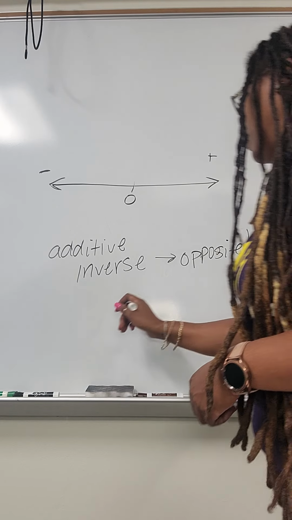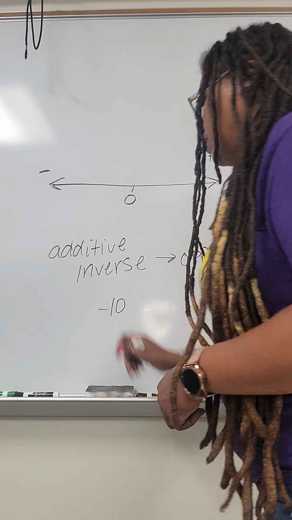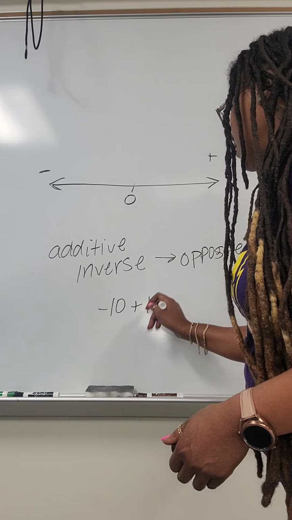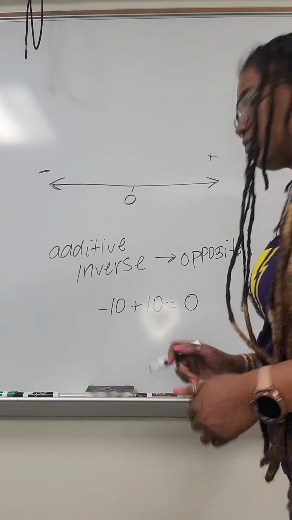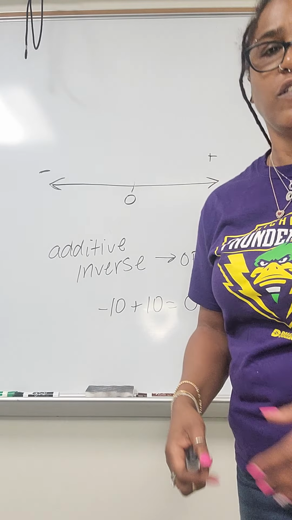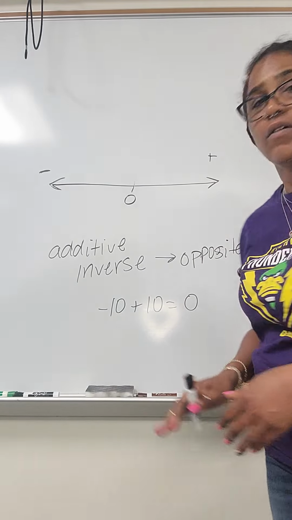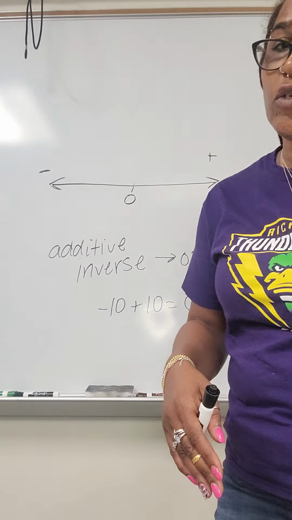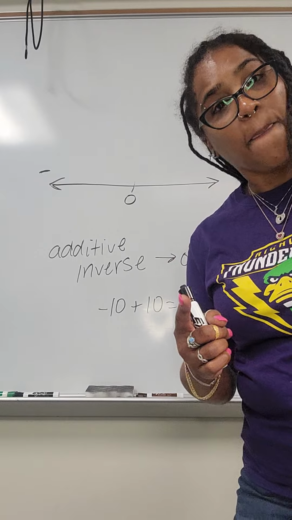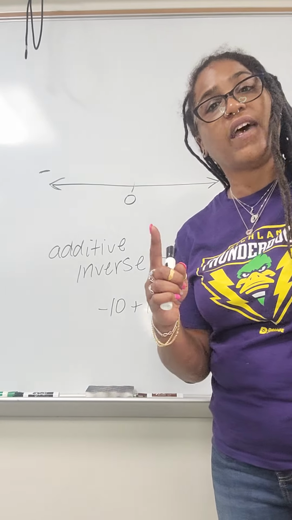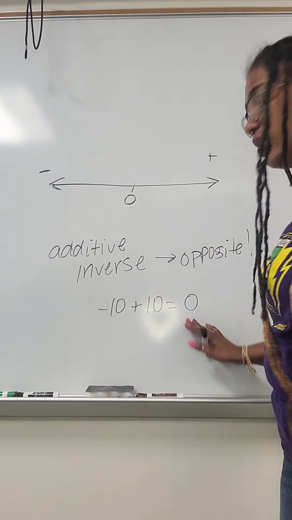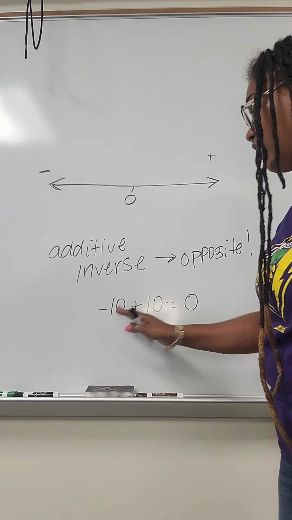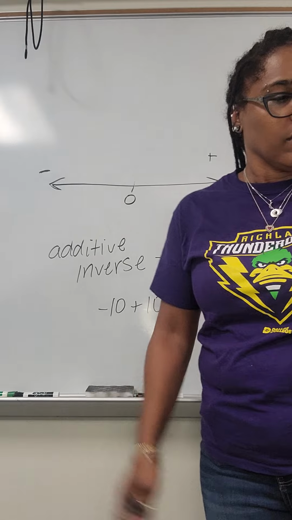So again, the additive inverse of negative 10 is going to equal 0. Anytime you add inverse values, it's going to equal 0. 0 is what we use when we cancel out something, not when we reduce. If we end up with a 1, that means we didn't cancel it because we still have 1. But if we have a 0, then it canceled out. So additive inverses will cancel out and make a 0.